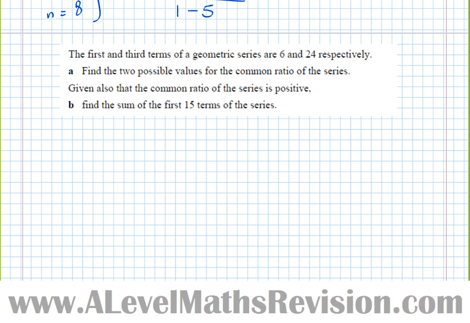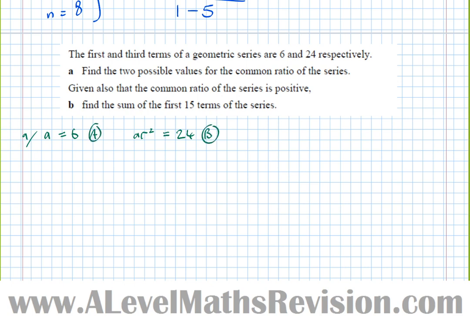So the first and third terms of a geometric series are 6 and 24 respectively. So let's put that information in maths. It tells us the first term is 6, and the third term, AR squared, equals 24. Find the two possible values for the common ratio of the series.